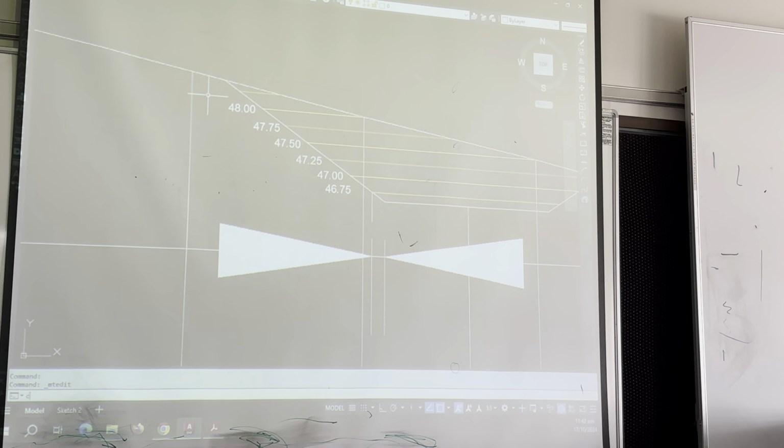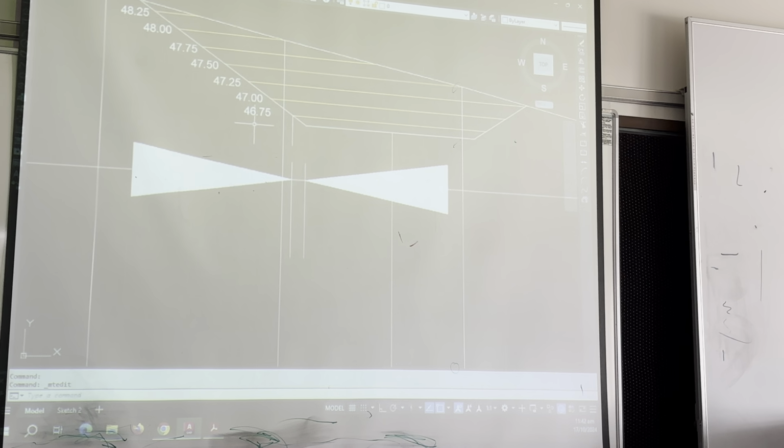And that's 48.25. So those numbers need to be transferred over to the plan view.